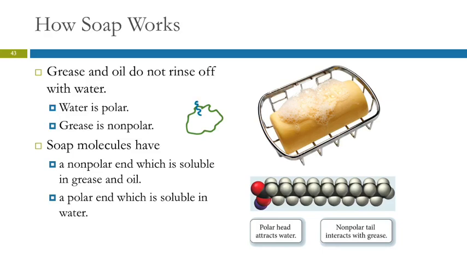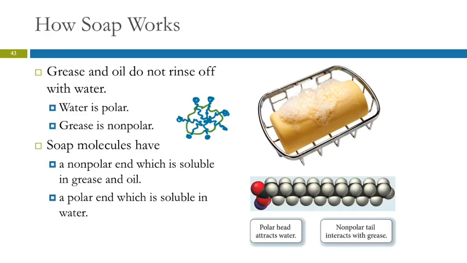The nonpolar tails of the soap can be inside the grease, but the polar heads of the soap molecules will not be in the grease. They'll be sticking on the outside. So you end up with all these polar heads on the outside of this little glob of grease.